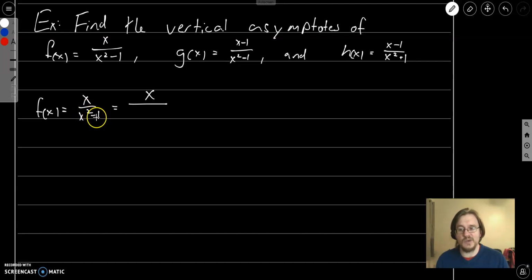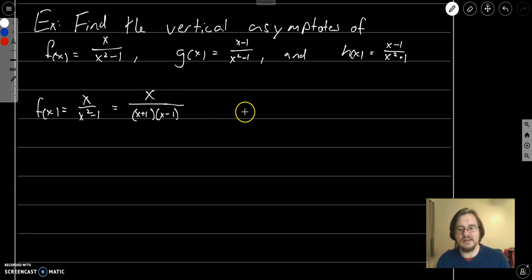The bottom, x squared minus 1, I can factor into x plus 1 times x minus 1. And now this is as factored as I can make it. On the top and the bottom, nothing cancels. So this is as reduced as I can make this fraction. So the top and the bottom don't have any common factors.